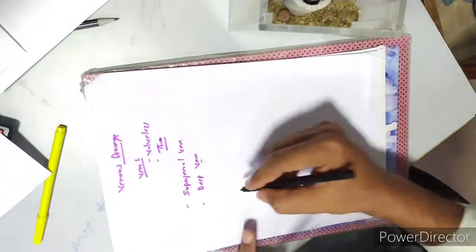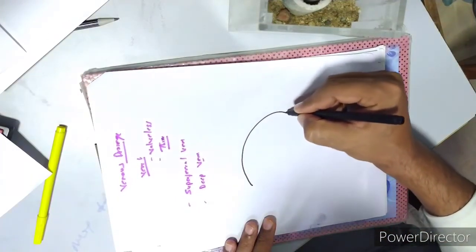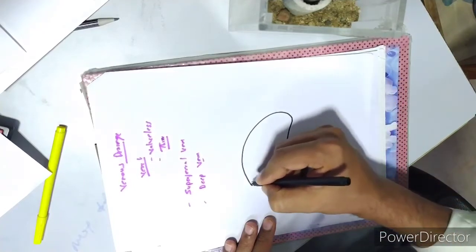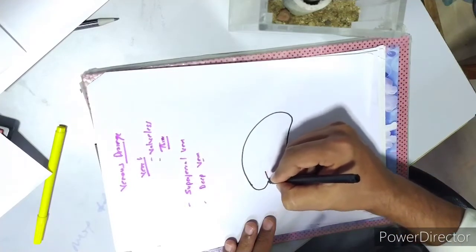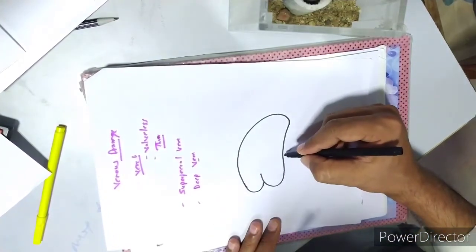Suppose this is the cerebral hemisphere, and this is the midbrain.